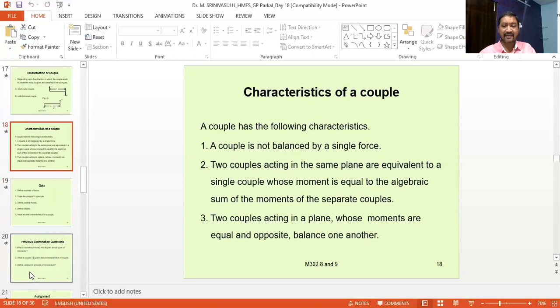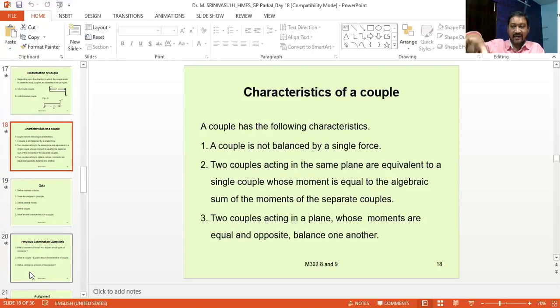Next, the important thing is the examples of couples. In our daily life, we come across so many examples. For example, opening a tap. Whenever we are opening a tap like this, we are applying force with our two fingers. So these two fingers play an important role.